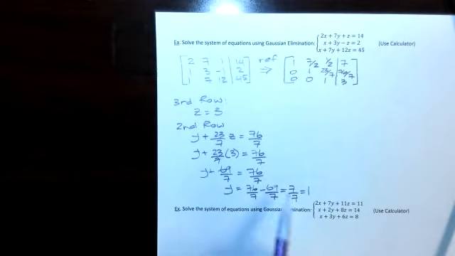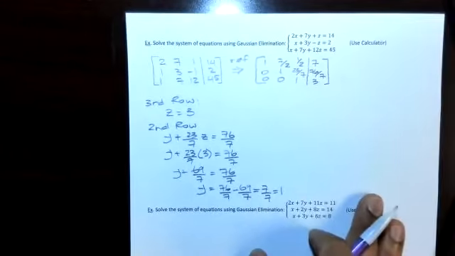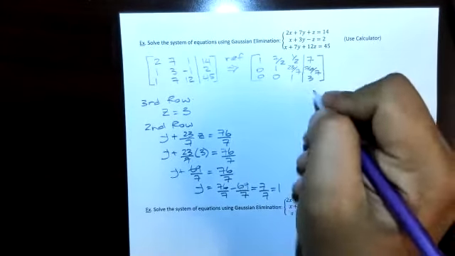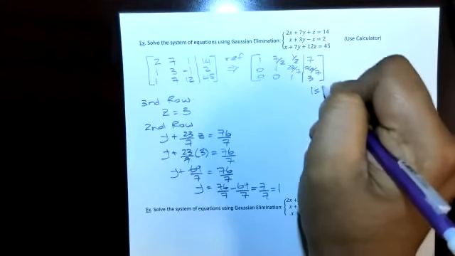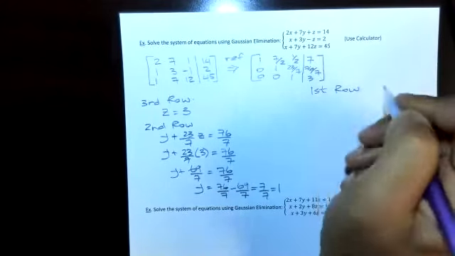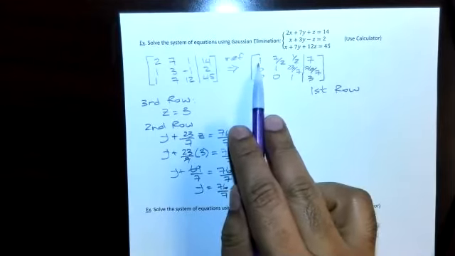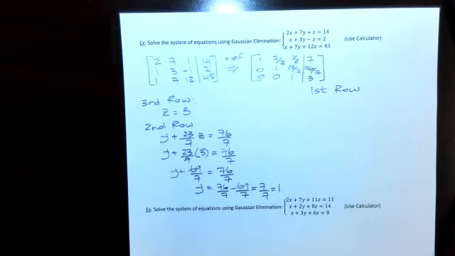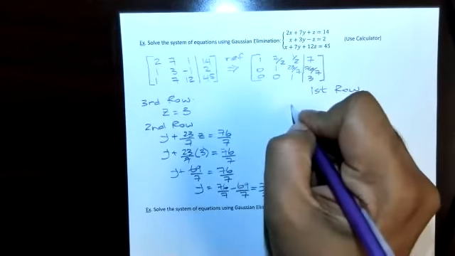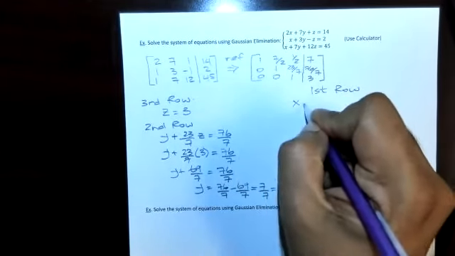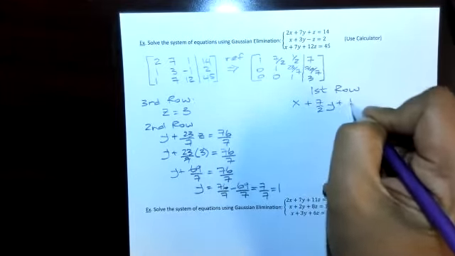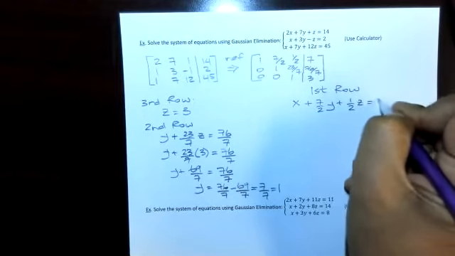So I now have the value of z and the value for y. What I have left to find now is the value for x. To get the value for x, I'm going to use the first row of my matrix. Looking at the entries from the first row, I have 1, 7 halves, 1 half, and 7. Writing that as an equation, the 1 would be 1x, or simply x, plus 7 over 2y plus 1 over 2z equals 7.